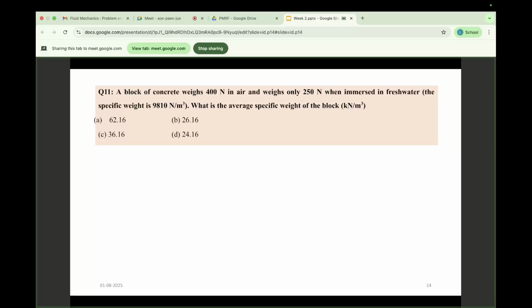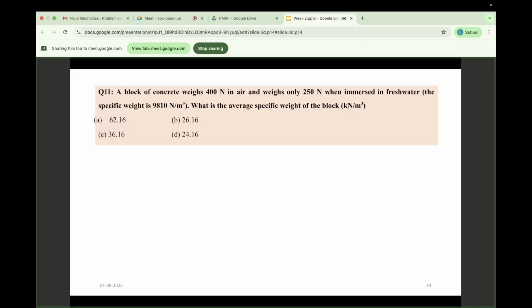So what is given? A block of concrete weighs 400 Newton in air and weighs only 250 when immersed in fresh water. Specific weight, that is, relative density is given. You are asked to find the average specific weight of the block.